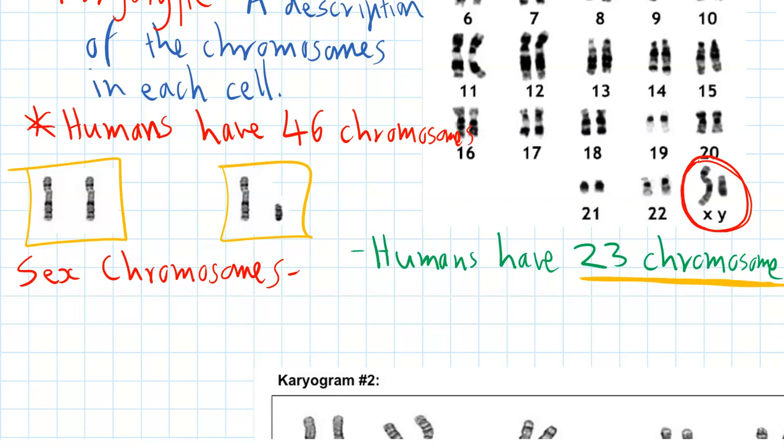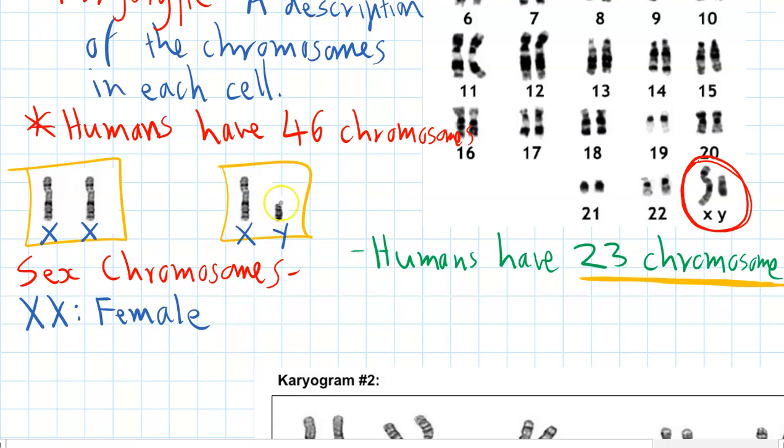If a baby has 2 X chromosomes, like this example here, then that person will be female. But if the person has an X and a Y, and the Y is a lot smaller chromosome, then that person is a male.